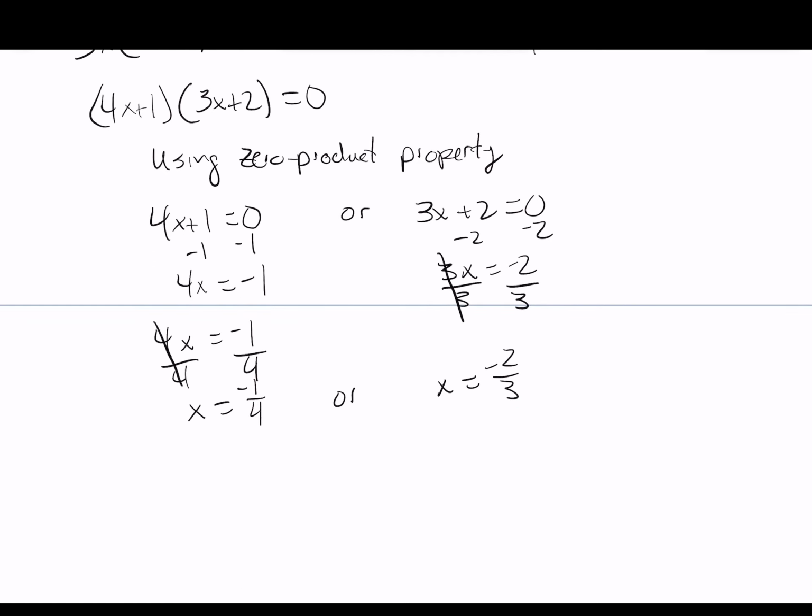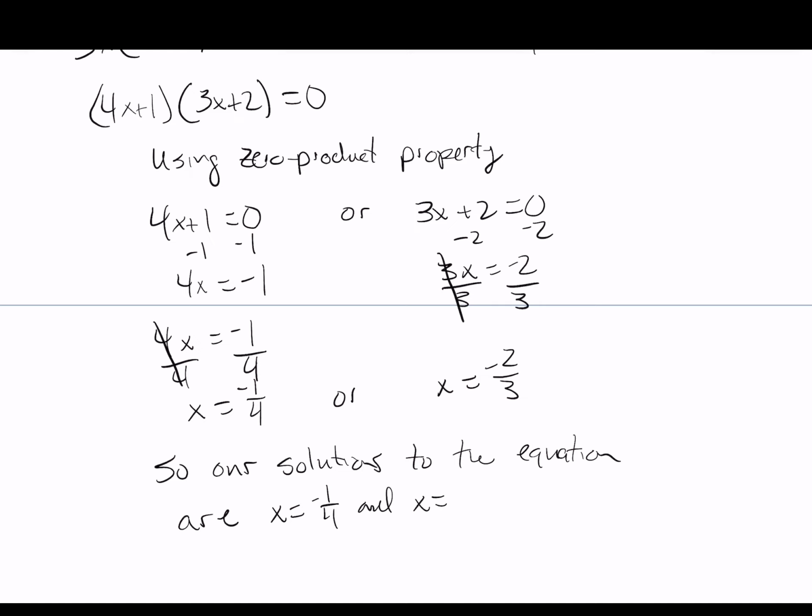So our solutions to the equation are x equal to negative 1/4 and x equal to negative 2/3. The solution set would be negative 1/4, comma, negative 2/3.